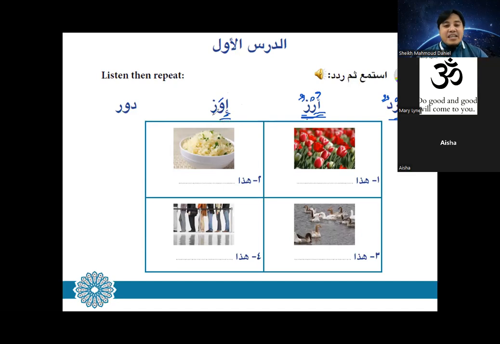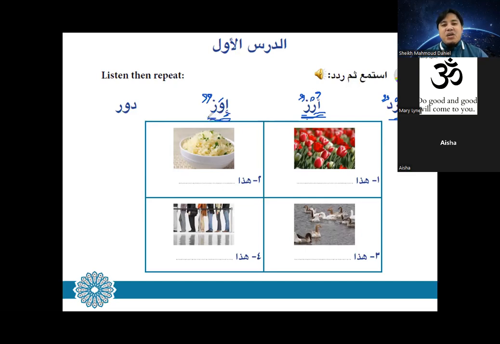Then the za, the audio said iwaz. If we follow the audio, it is saying that the last letter of all of the words is sukun, iwaz. But the correct one is to make it complete. In the end, there will be tanwin damma, zun. So we read the word iwazun.